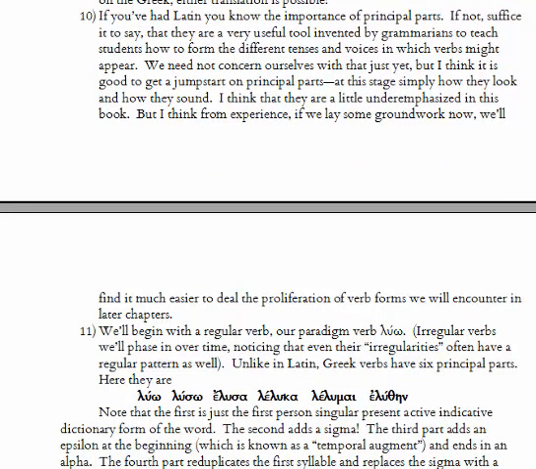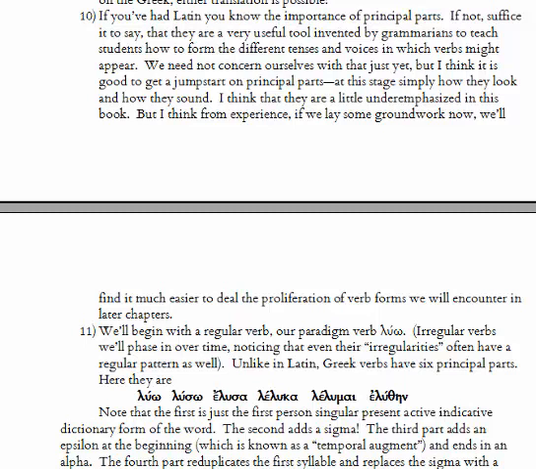Now, at this stage, I don't really want to force a bunch of rules and cram all the verbal forms down your throat all at once. I just want to help you internalize the principal parts because in my experience, if you can get used to reading them, hearing them, seeing them on a page, they're going to become that much easier for you when we begin to construct different verb forms off of them.